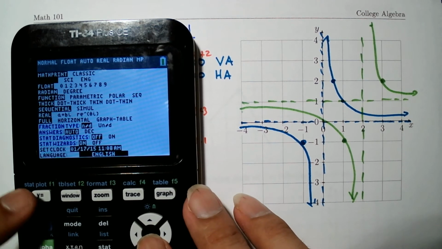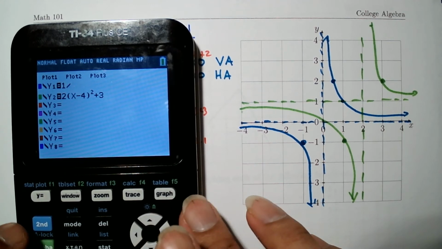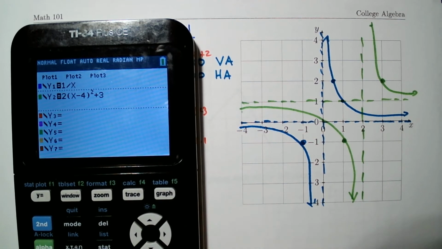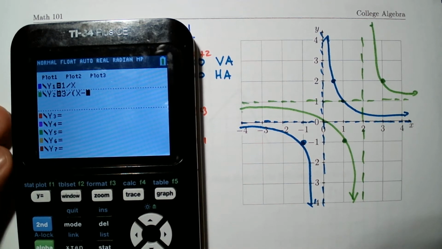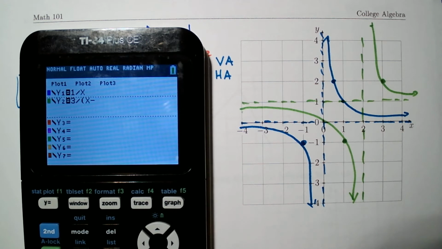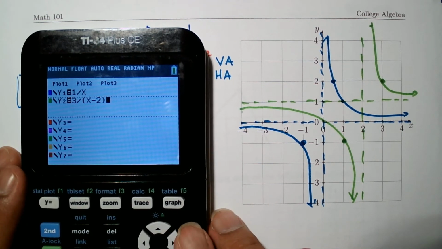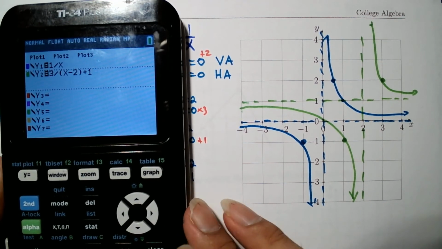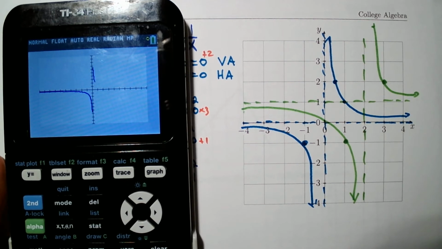So 1 over x, and then clear, 3 divided by open parentheses x minus 2, close parentheses, and then add 1. So if we graph, that's our parent graph, and then that's our shifted graph.